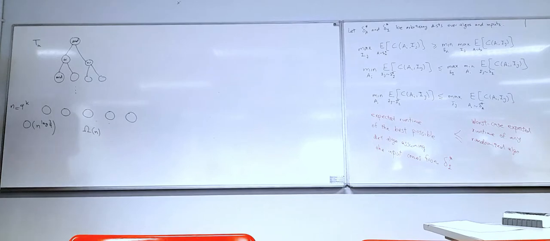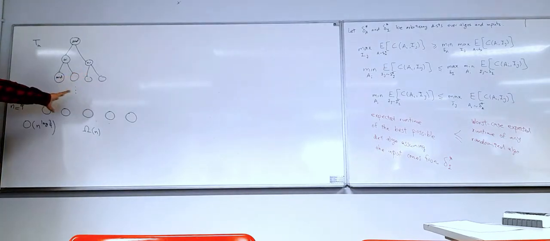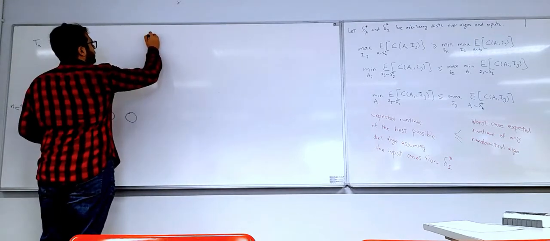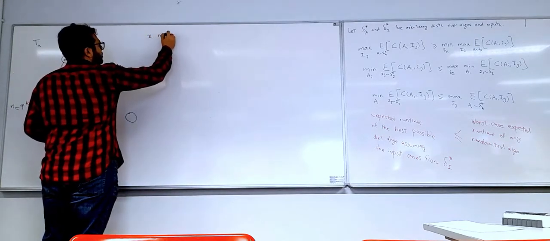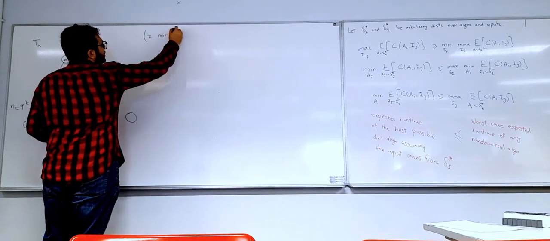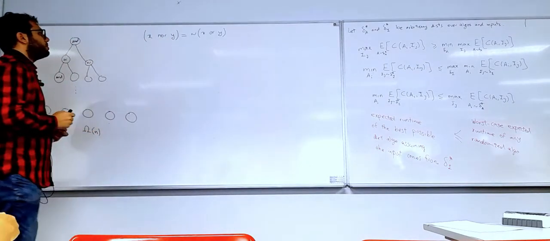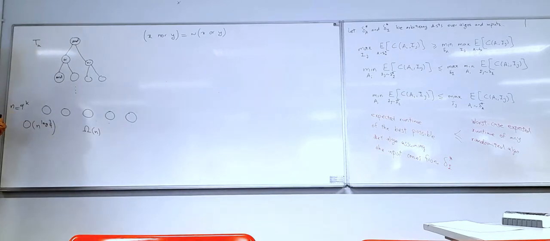And here's what I claim. I claim that I can replace all the operations in my tree with a NOR operation. So NOR is the opposite of OR. So if you write X NOR Y, or you can read this as neither X nor Y, the negation of X or Y. Okay, so what does this mean?